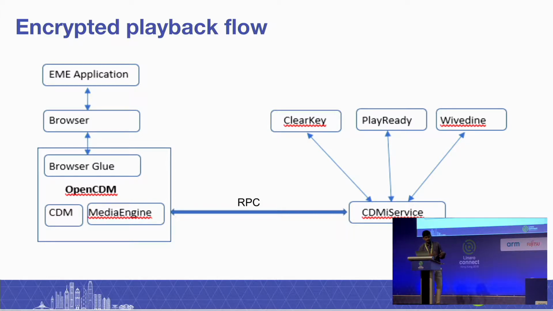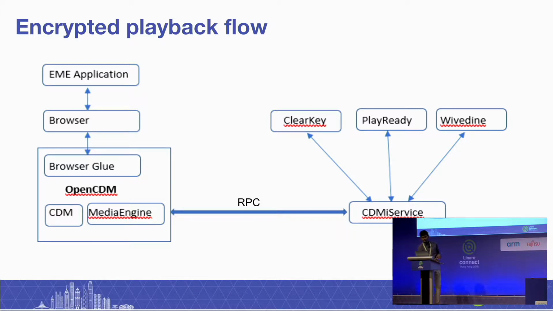So the media engine will send the encrypted data to CDM, and that is decrypted with the corresponding DRM, and the decrypted data is transferred back in place to the media engine, which is then given to the browser.